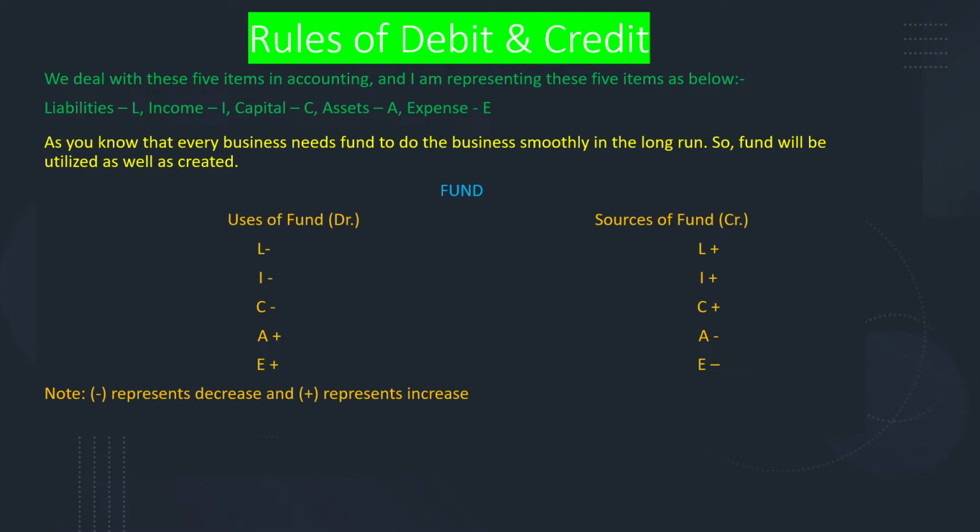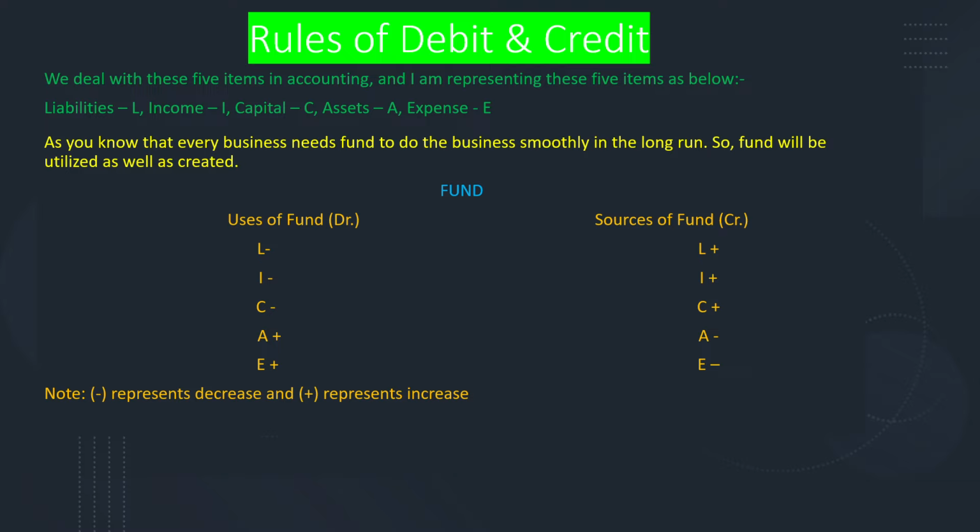Now here comes the going concern concept. The going concern concept tells us that a business must continue for many years, not for a short period, right? Every business needs a smooth flow of funds to operate efficiently. To keep track of how these funds are used and created, we must follow the rules of debit and credit.